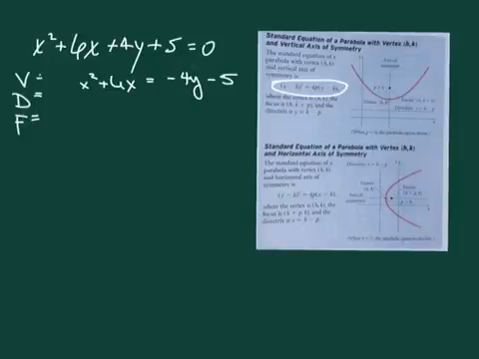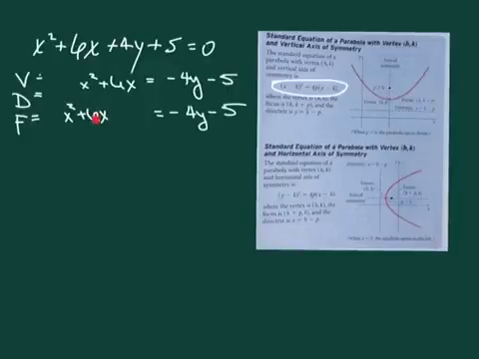Okay, so that was the first step. Now what we're going to do, notice we have x minus h, the quantity squared. That's completing the square. So that's what we're going to do. Put a space there. Remember how you do when you complete the square.